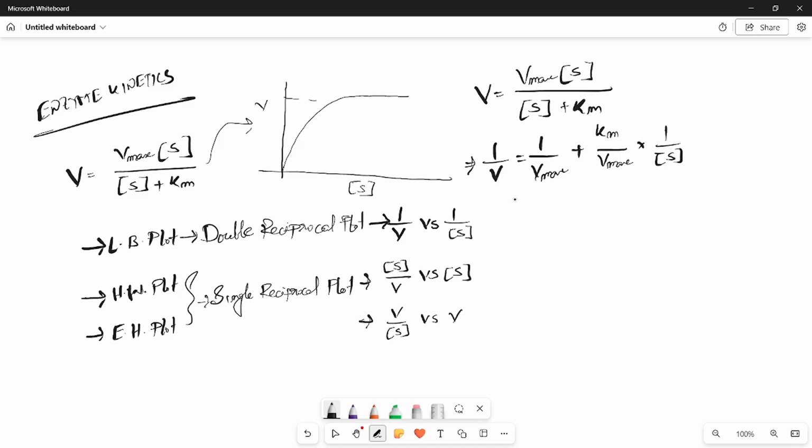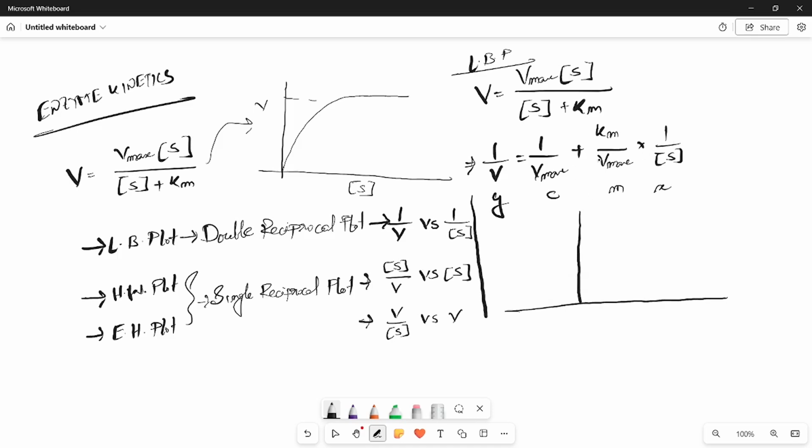Here you can see the equation stands like y equals mx plus c, where m is a constant. Now, how will the plot look?